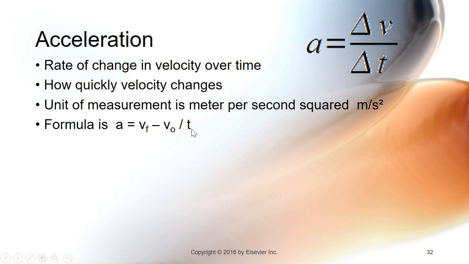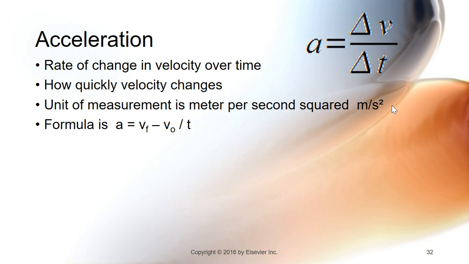Now, because of that, this velocity is meters per second, this velocity is meters per second, and then when you divide that number, then it's going to be squared because it's saying how fast it's going from original to final.